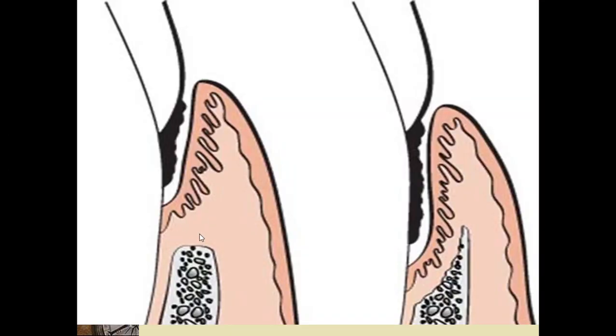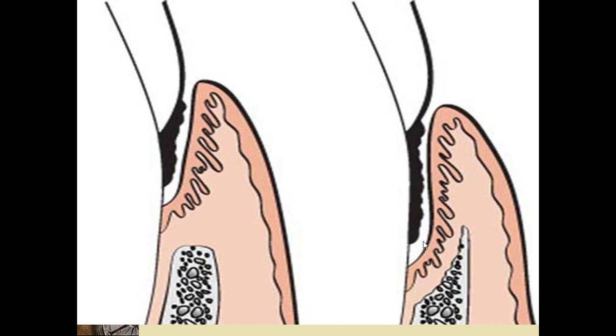Sorry, there is a mistake in this slide. Yes, this is suprabony. So we have to see two important things. First is the level of the base of the pocket, and the level of bone. Since the base of the pocket is above the level of alveolar bone, this is suprabony.